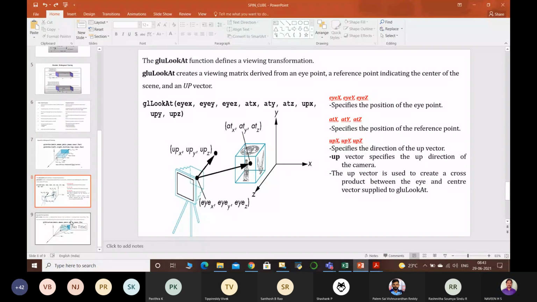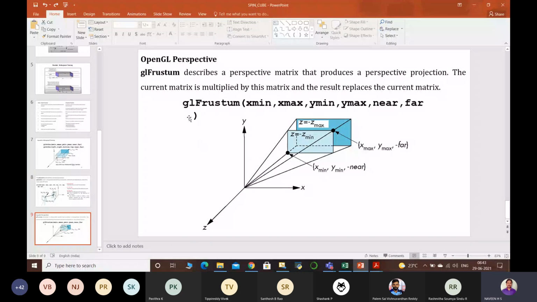This is an OpenGL function we are going to use for perspective viewing. So what does it describe? The GL Frustum describes a perspective matrix that produces the perspective projection. The current matrix is multiplied by this matrix.